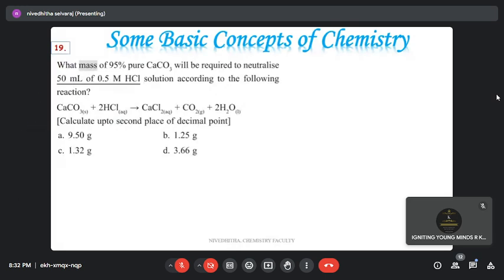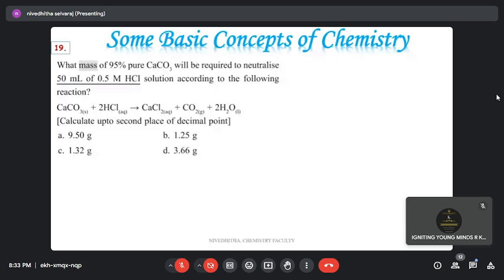what mass of 95% pure calcium carbonate will be required to neutralize 50 ml of 0.5 molar HCl solution according to the following equation? Okay, they have given you the process and they have given the equation. We'll understand the process first. There is a hydrochloric acid solution.